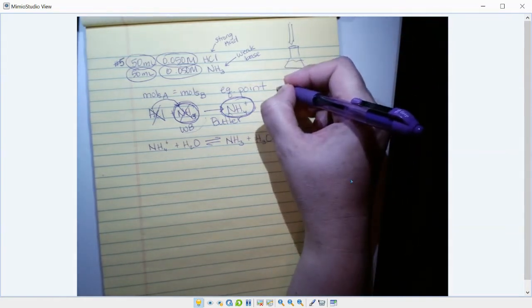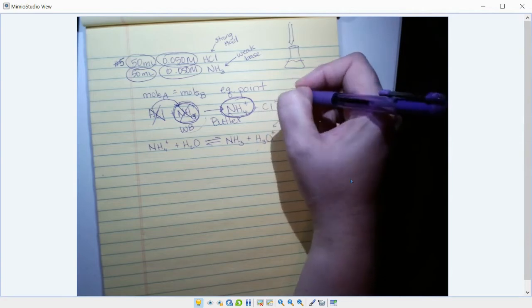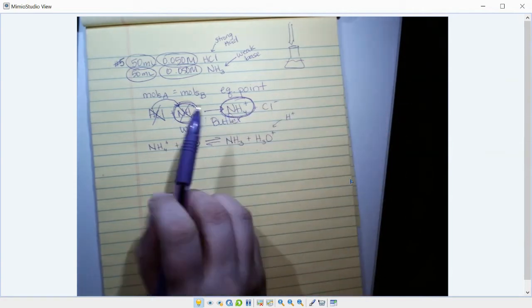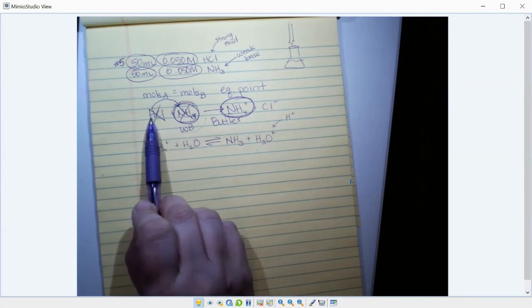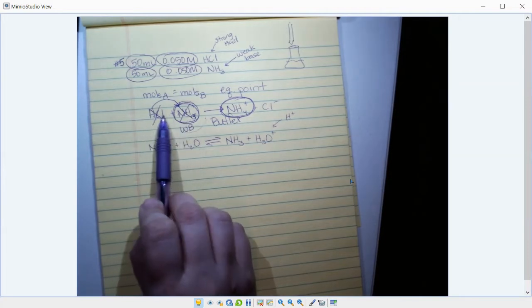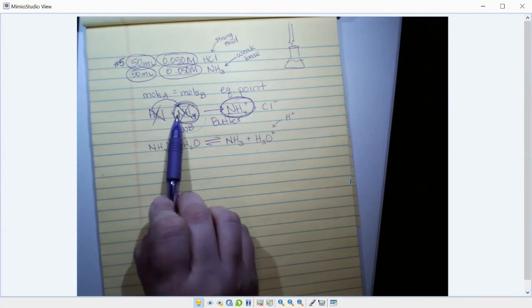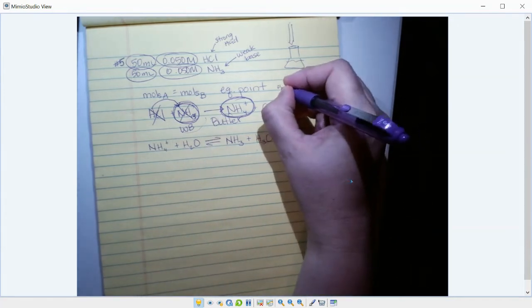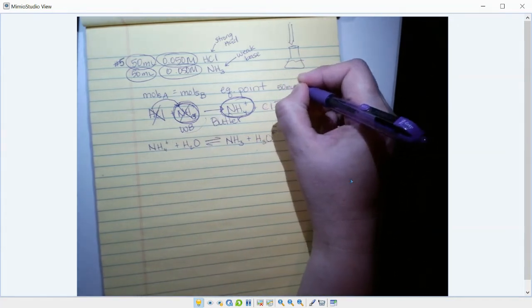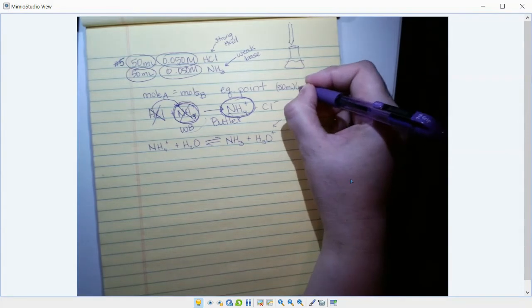What do we know? We want to know how many moles of NH4 plus are in there. The number of moles of this that are present is going to be equal to the number of moles of these things, because these things neutralized each other. And when they neutralized each other away, they produced NH4 plus. So to find that, we just say, well, we had 50 milliliters and we multiply it by its molarity.